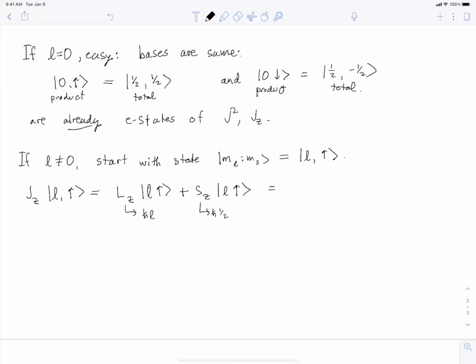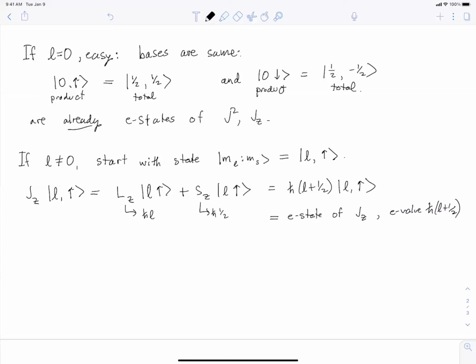So the whole thing is just h bar times L plus 1/2 acting on the original state back, which proves that it's an eigenstate. So again, just like the L equals 0 case, this is an eigenstate of J sub z with, we've just shown, eigenvalue h bar times L plus 1/2.